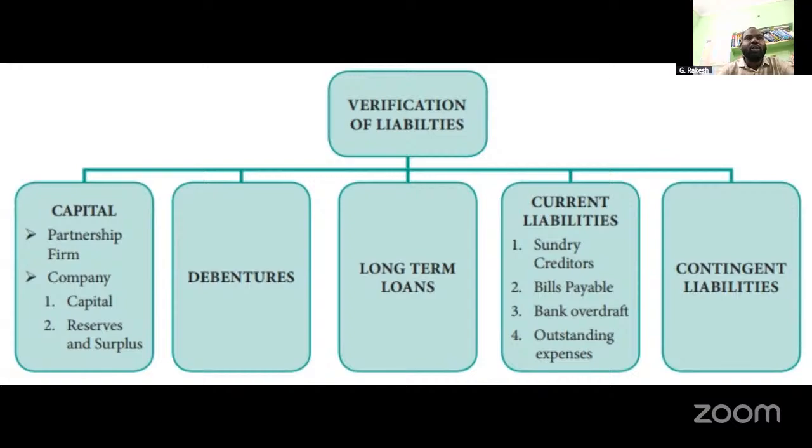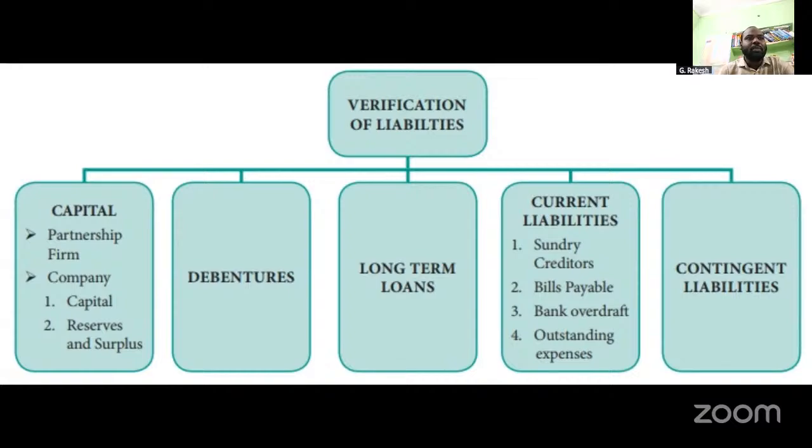The owner may be a sole proprietor, partners, or shareholders. It is an internal liability of the business concern, and the auditor is required to verify the genuineness and correctness of it in the balance sheet.